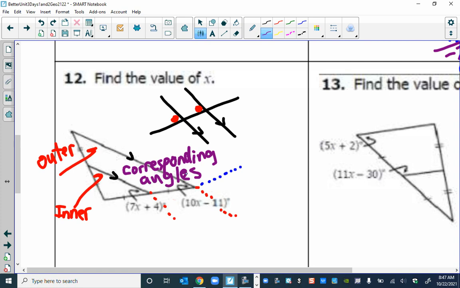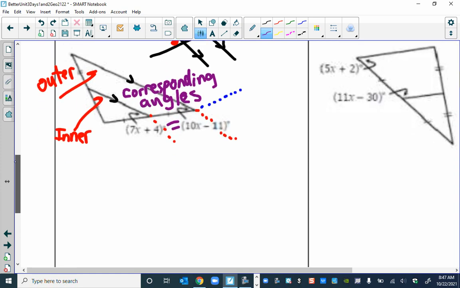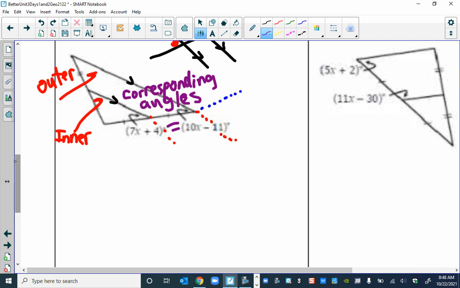If they're corresponding, that means they're the same. Whoever said it was right. These two angles are equal measures. They're the same. Corresponding angles are the same because, remember, your mid-segment and your outer edge are parallel lines.